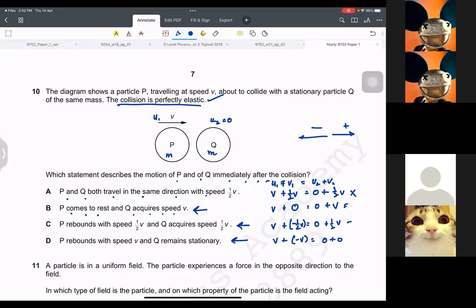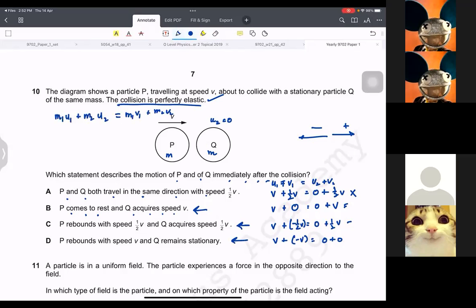Now, when a situation comes where there are multiple correct answers, then you check momentum as well. Okay, so what do you do? The equation m1u1 plus m2u2 equals m1v1 plus m2v2 should also conform to our rules.